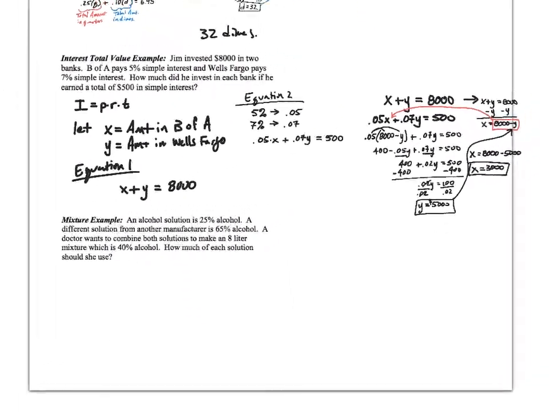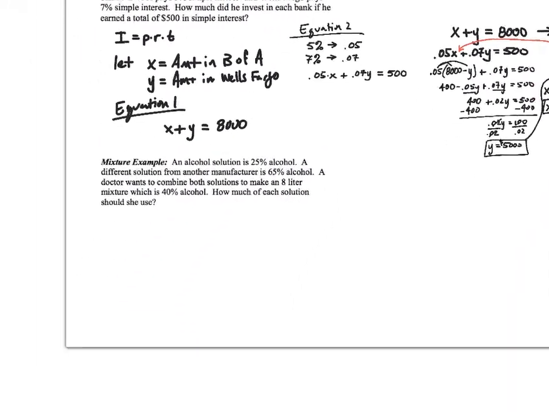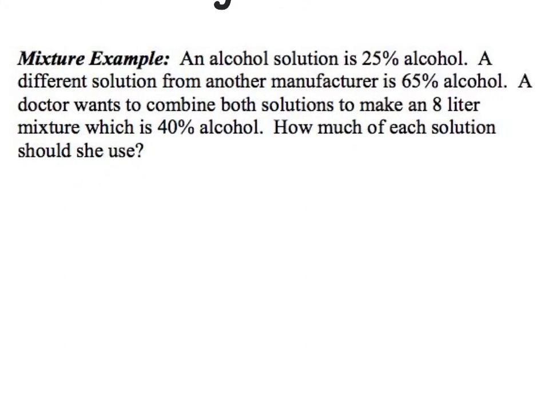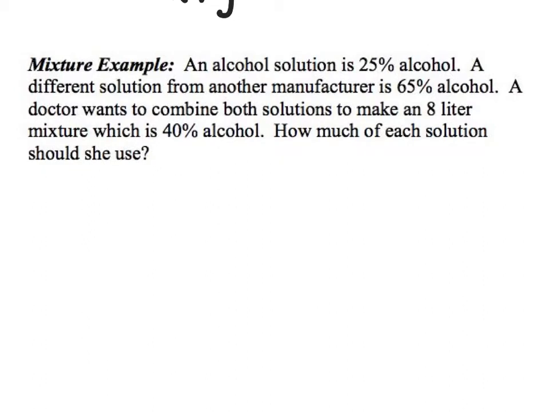Now let's talk about a mixture example. These questions are kind of tricky, so it's really important that you pay attention to what I do here. Let me zoom in on this and let's read it. An alcohol solution is 25% alcohol.